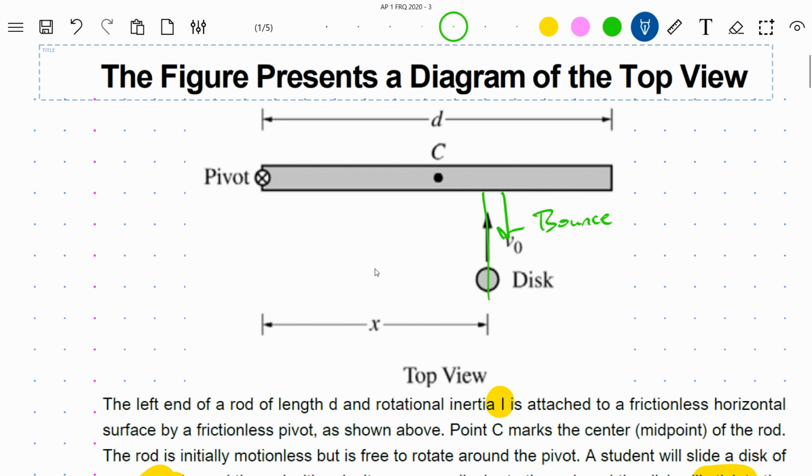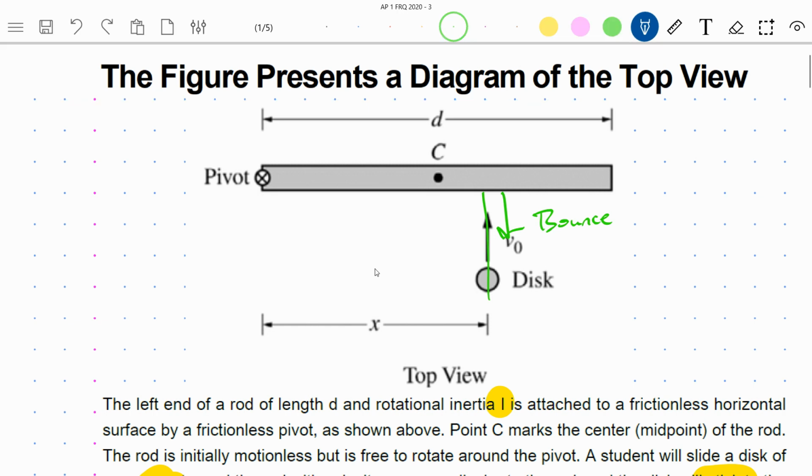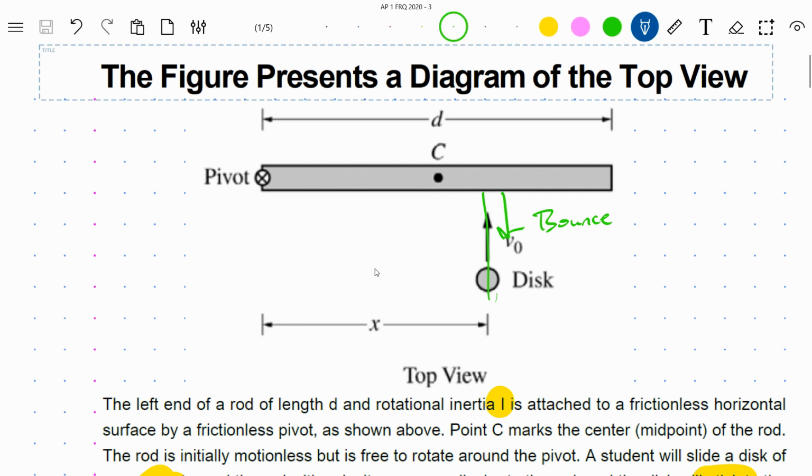So thinking of angular momentum and reminding ourselves that it's a vector, if the disk comes and sticks to it, notice that the disk will still be moving in a counterclockwise direction around the pivot point after the collision. Again, if it sticks. But if it bounces, it would be going in the opposite direction, essentially a clockwise direction around that pivot point.